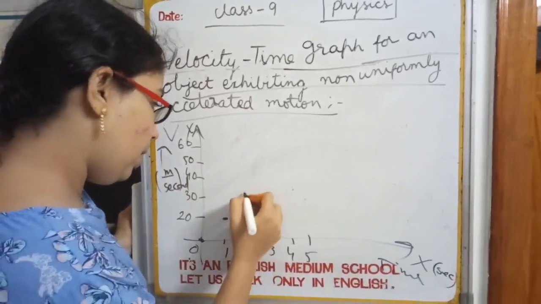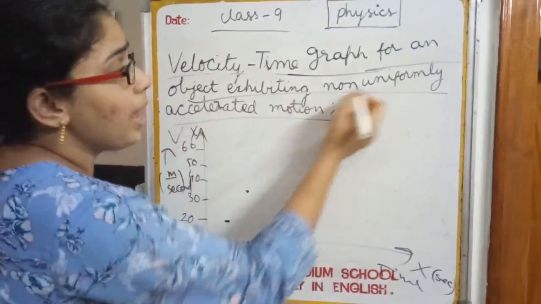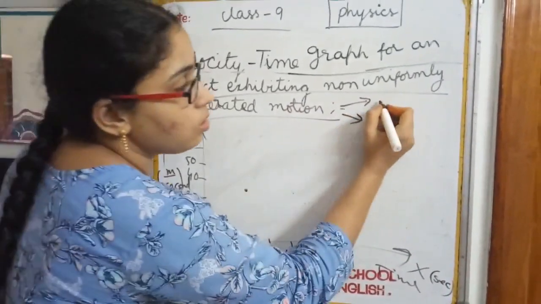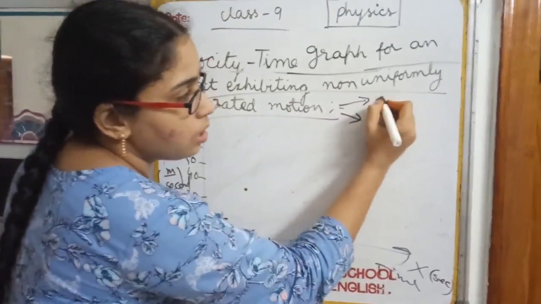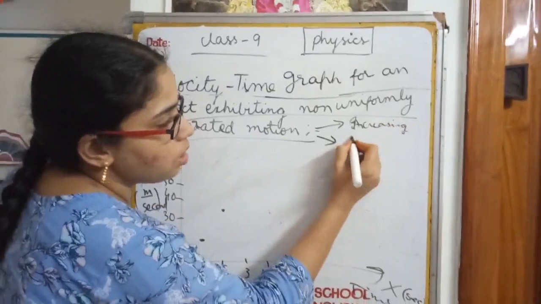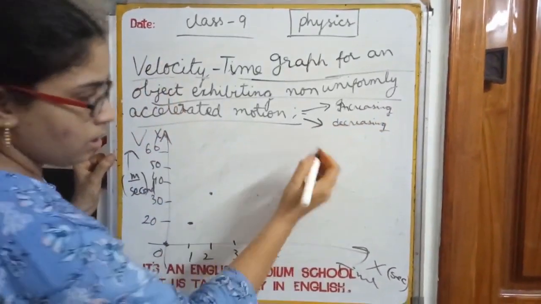And next, at the end of the second second, in non-uniformly accelerated motion we can find two cases. One is non-uniformly increasing and the other is non-uniformly decreasing. Here I am considering increasing.